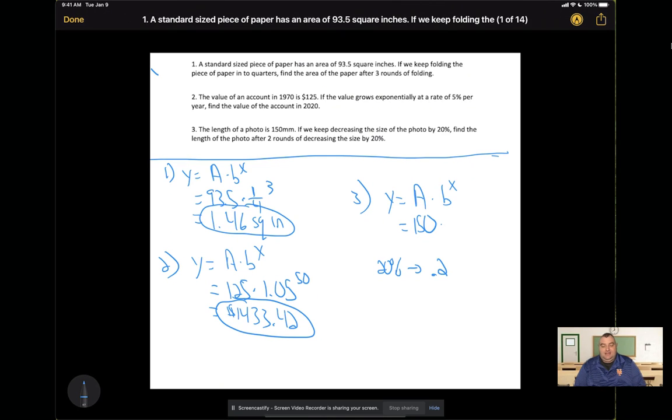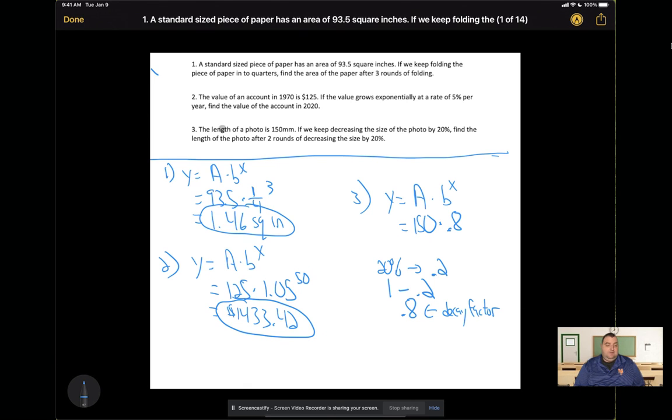So my decay factor is going to be 1 minus 0.2, and 1 minus 0.2 is 0.8. This is my decay factor for number 3, so that's what I'm going to plug in for B. My B value is going to be 0.8.